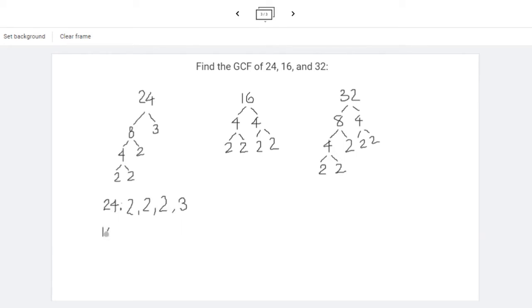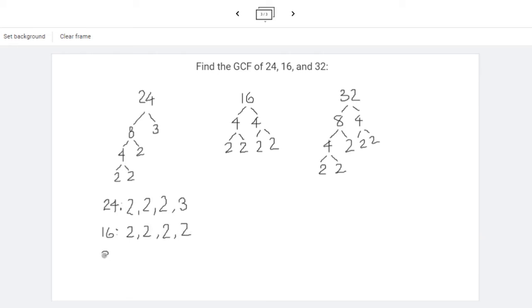For 16, I have this 2, this 2, this 2, and this 2. 4 2's in total, which can't be simplified further. And that's it. So I'm going to write 4 2's down here. 1, 2, 3, 4.